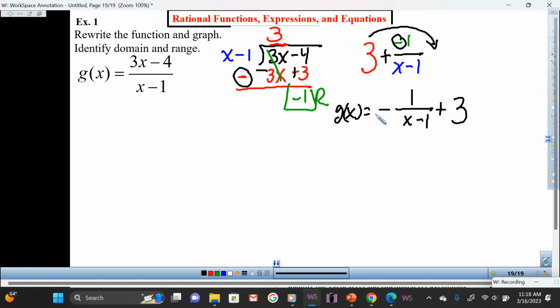Woo-wee! Let's go, Valente. All right, so from there, the rest is history. Let's start with our VA. X equals, HA, Y equals. So by looking at it, tell your neighbor your VA and your HA. What's our VA and our HA?